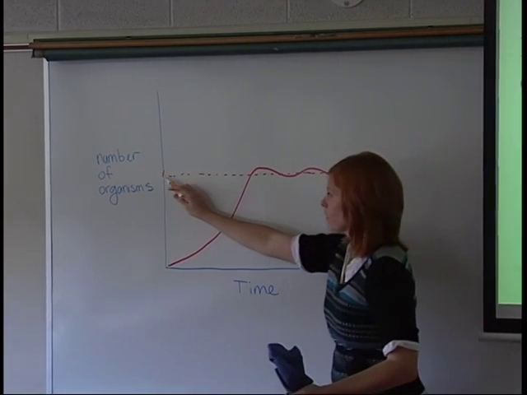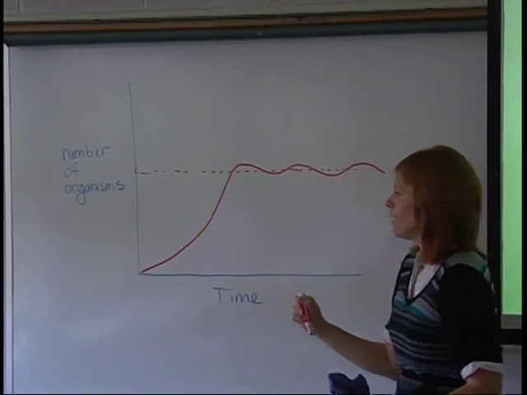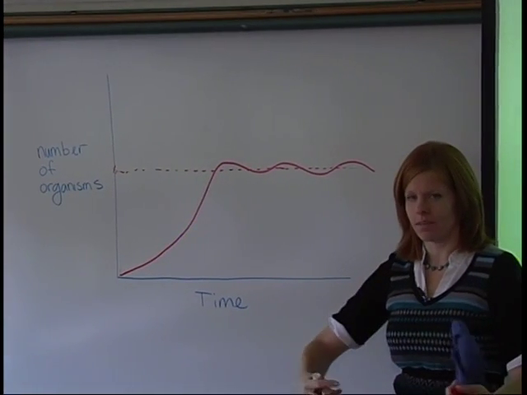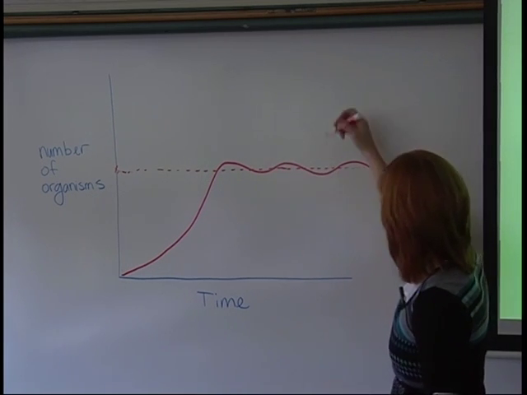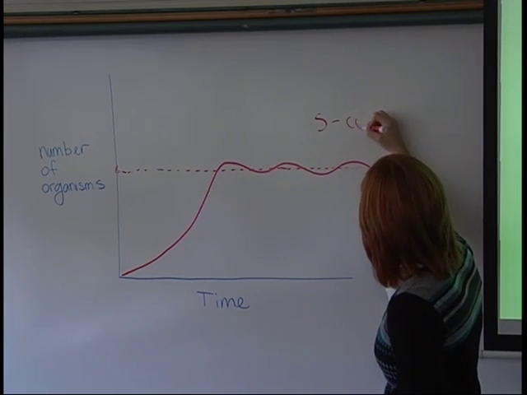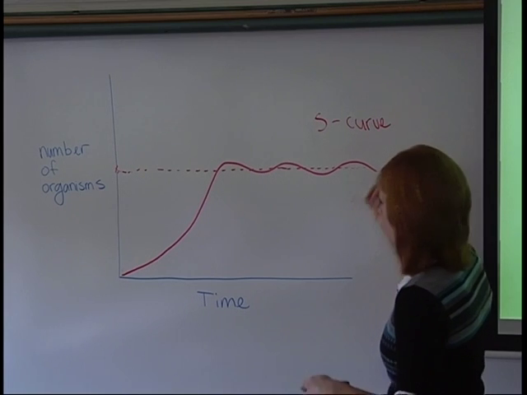Whatever number that ends up being is how many organisms that environment could support over time. And this curve is called an S-curve.